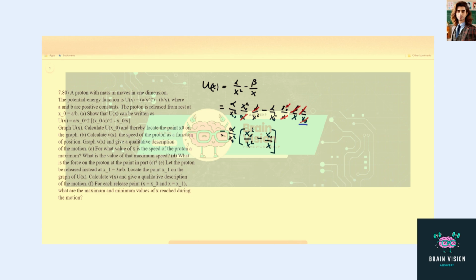We rewrote it. Okay, so now we calculate u of x sub 0, and we thereby locate the point on the graph after we graph it. So if you graph it, generally, like put in alpha and beta equal to 1, you're going to come up with a shape of graph that looks like this. And it looks a little smoother down there.